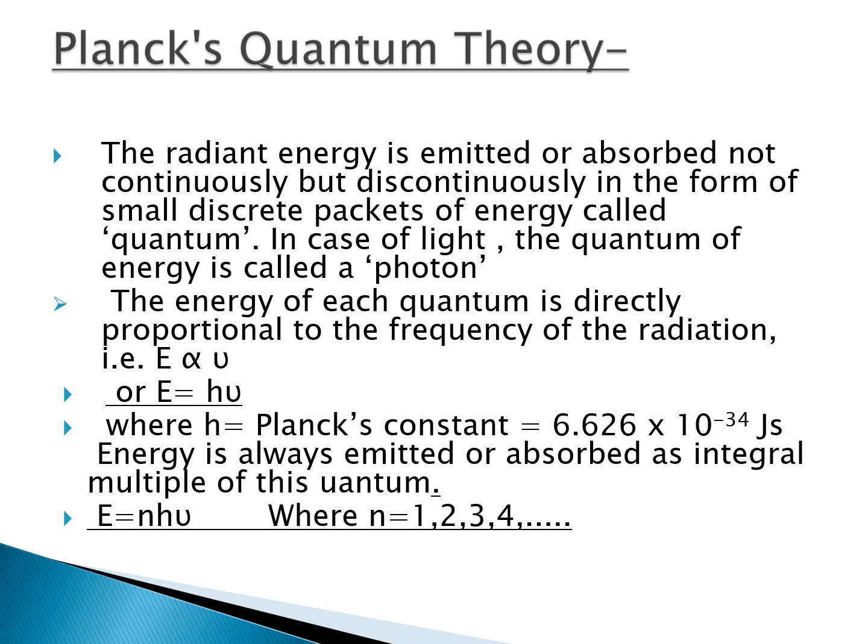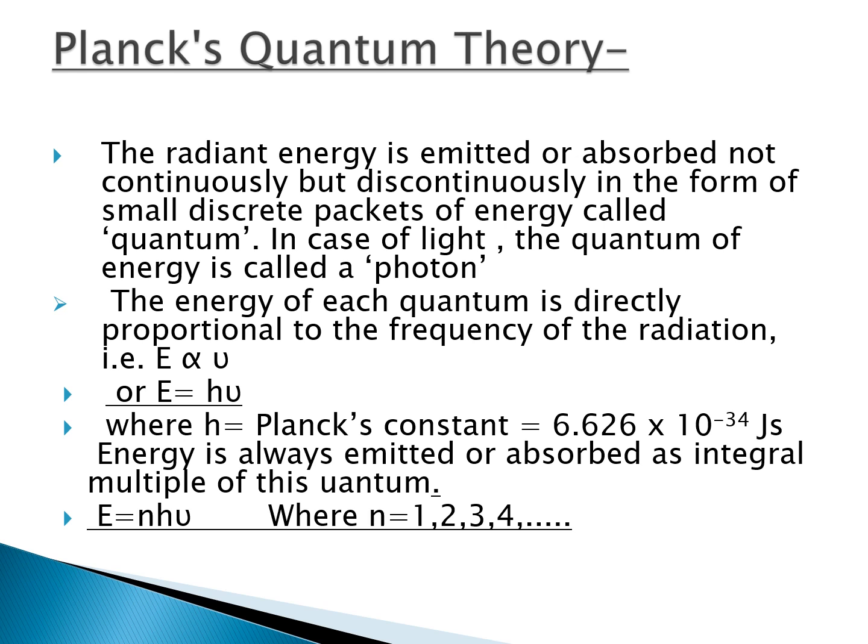The energy of each quantum is directly proportional to the frequency of the radiation, meaning E is proportional to nu, where nu is frequency. E is equal to h nu, where h is Planck's constant, whose value is 6.626 into 10 to the power minus 34 joule second.